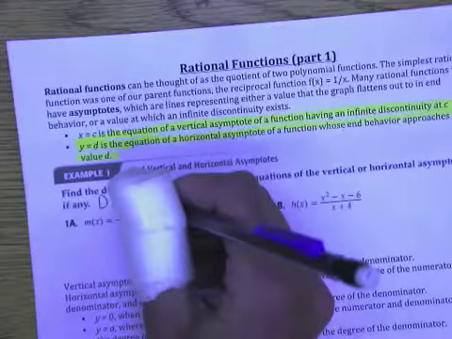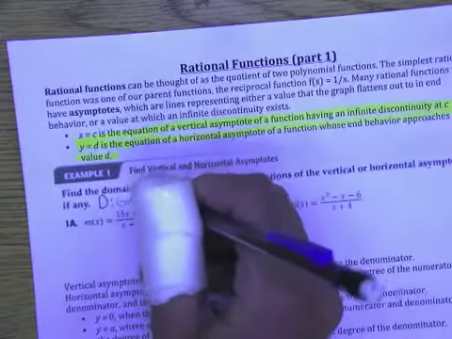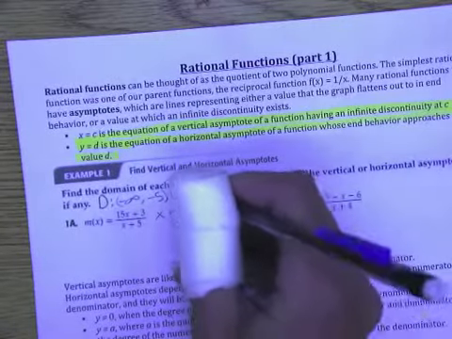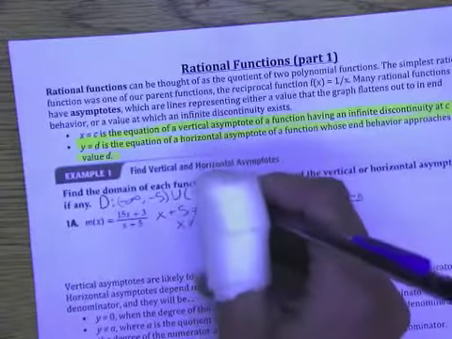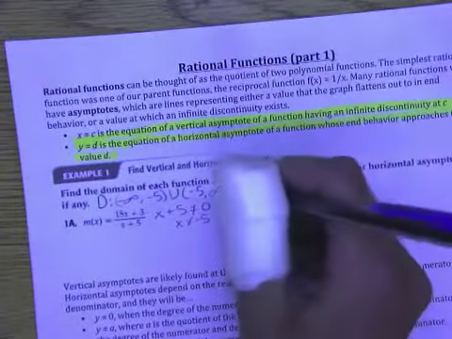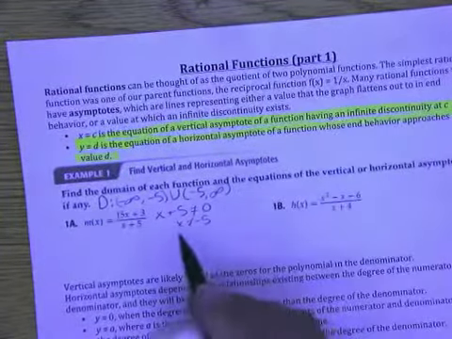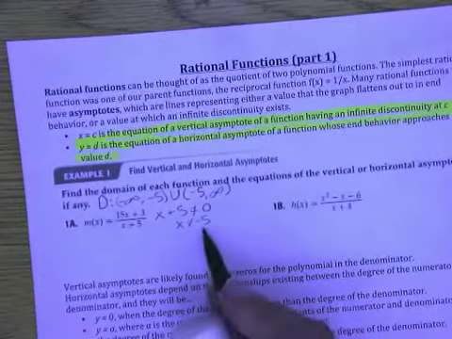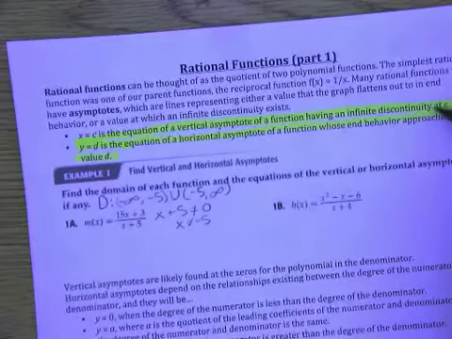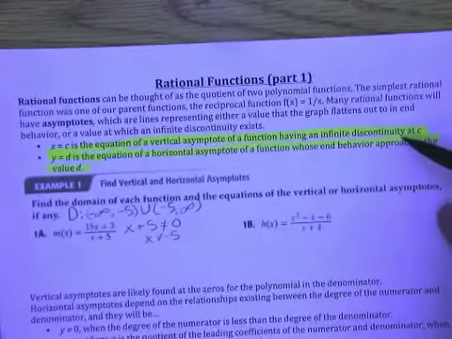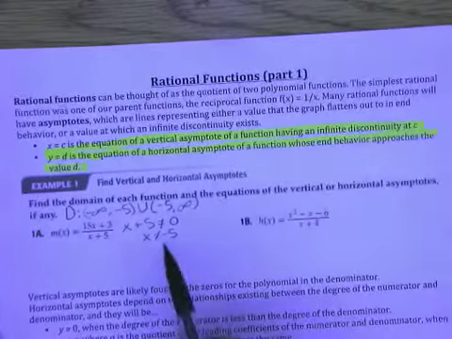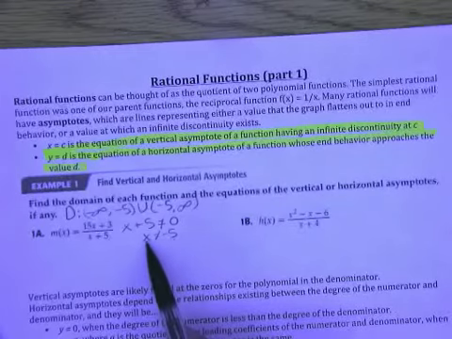So my domain is negative infinity to negative 5, with a union, picking right back up at negative 5 and going to positive infinity. But this, notice, is giving me a point of discontinuity. And I told you back here that that's where you're going to have your vertical asymptote.